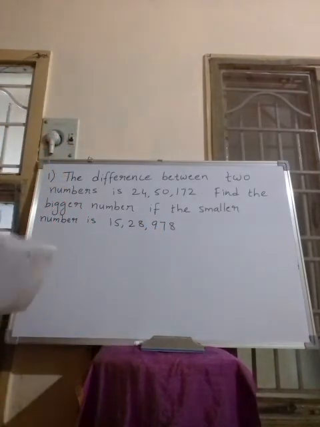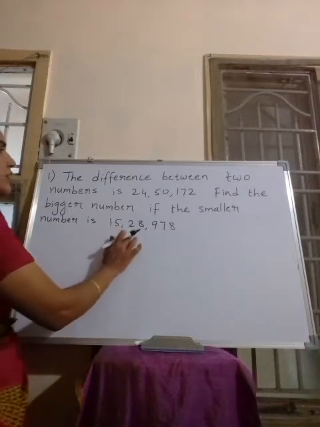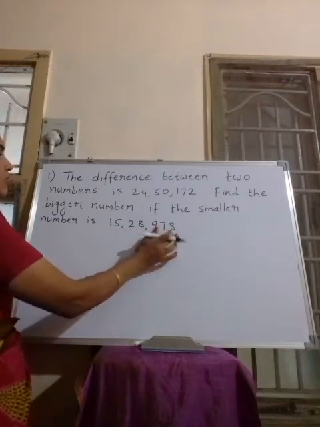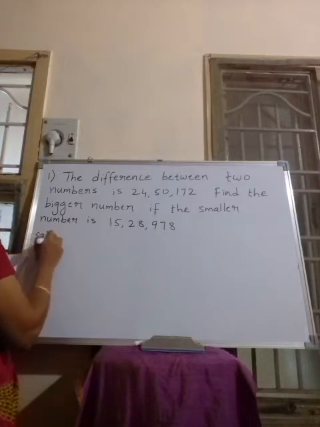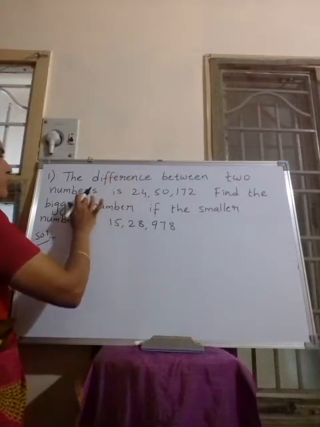Okay, this is the problem. The difference between two numbers is given. Find the bigger number if the smaller number is 15,28,978. Now the solution.